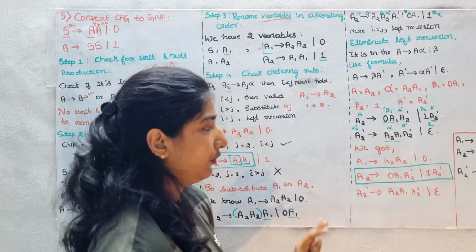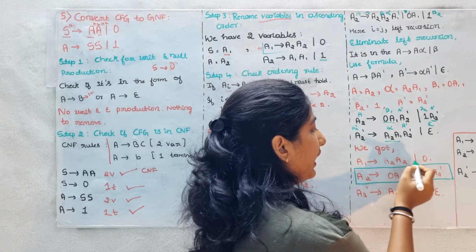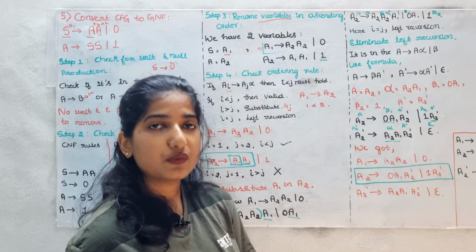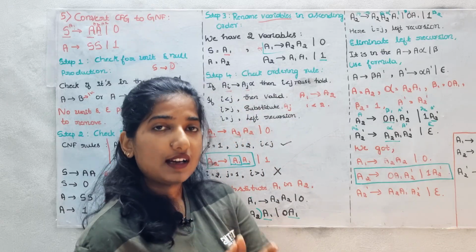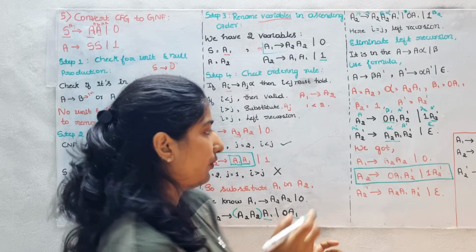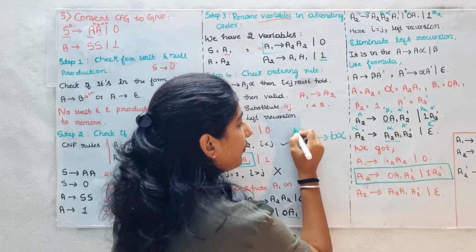So look carefully now. So here we have A1 derives A2 A2 or 0. So what is the proper definition of GNF? A CFG is considered as GNF if the production is of the form A derives B alpha, right?